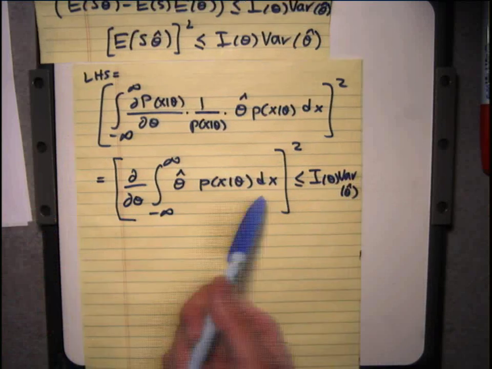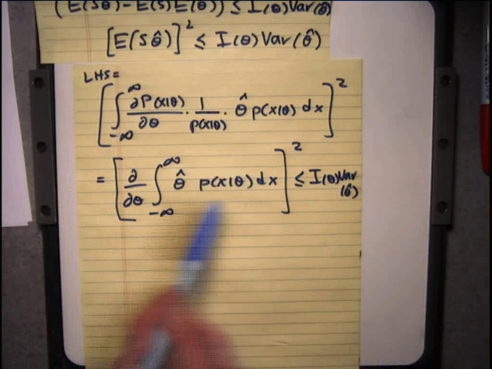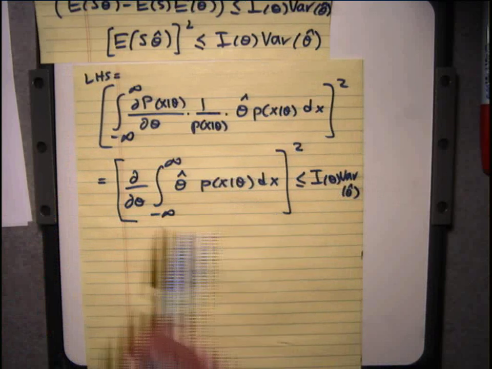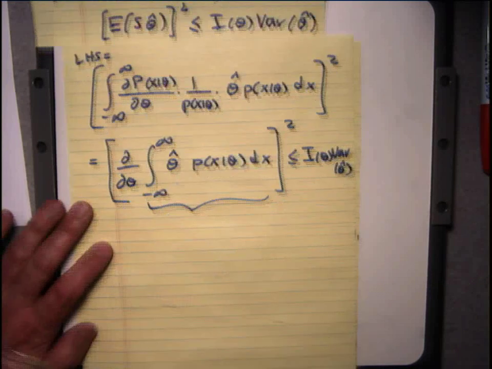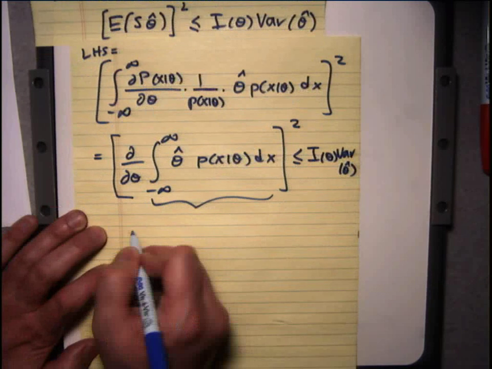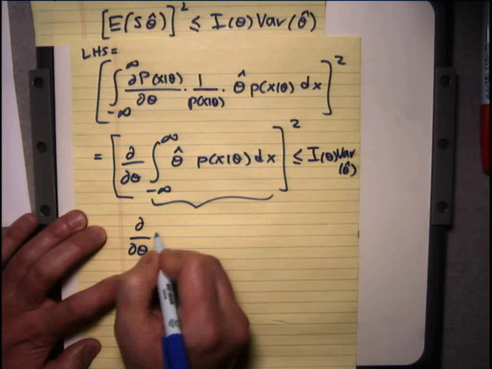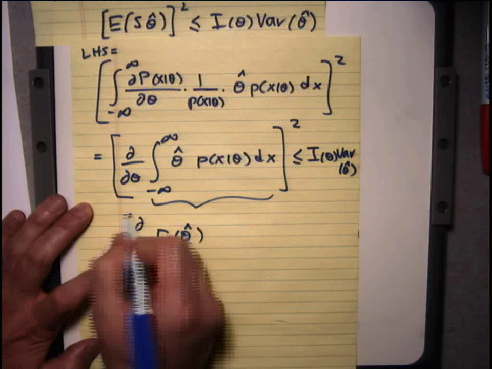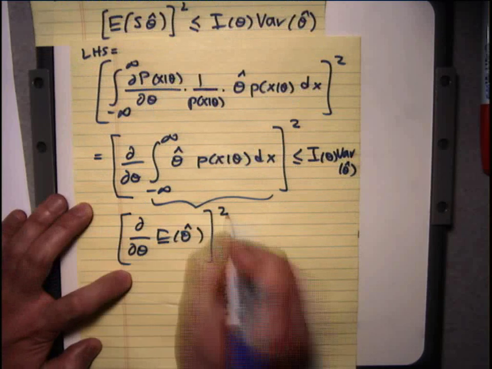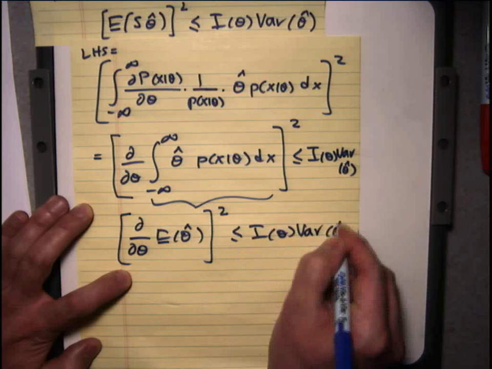And what is this? This is the expected value of theta hat, right? So this is d by d theta of the expected value of theta hat, squared, less than or equal to I of theta times the variance of theta hat.